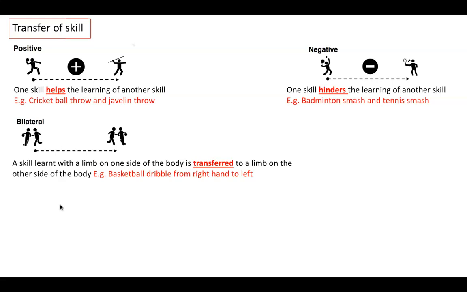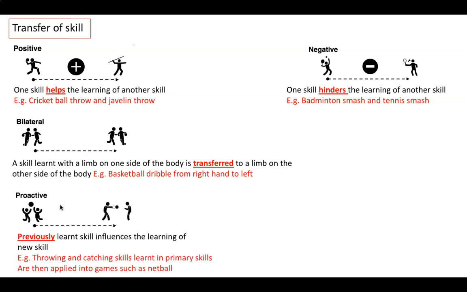So bilateral is two. The L from bilateral, think of limb. Bilateral is a skill learned from a limb on one side of the body transferred to a limb on the other side of the body. For example, basketball dribble from right hand to left hand. That's a bilateral transfer of skill.